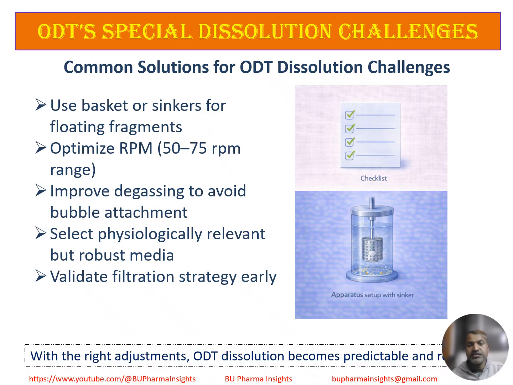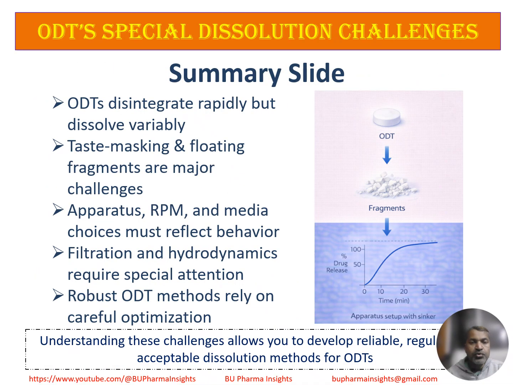Observe, adjust, and validate. To conclude, ODTs are patient-friendly but analytically complex. They disintegrate very fast but dissolve variably. Key challenges include taste masking coatings, floating fragments, and irregular hydrodynamics. That's why apparatus selection matters.